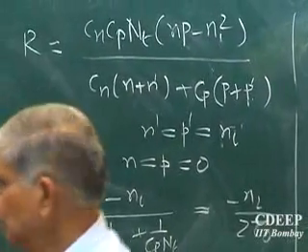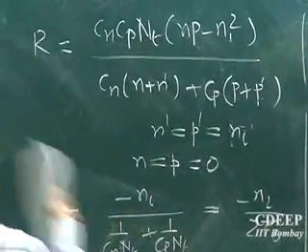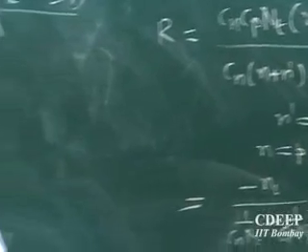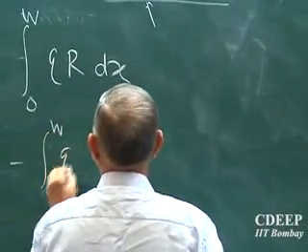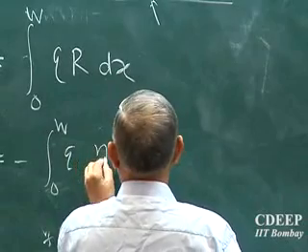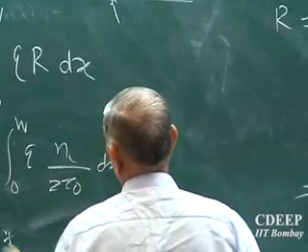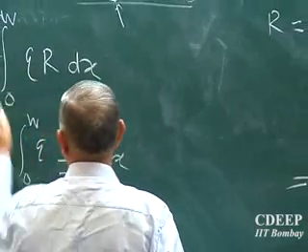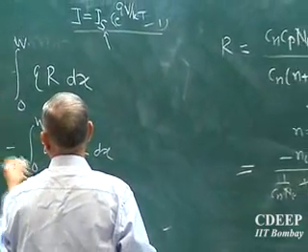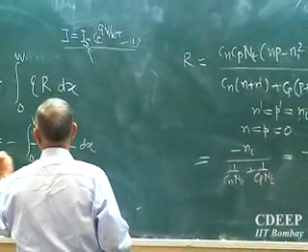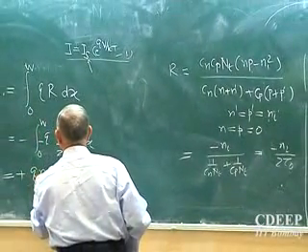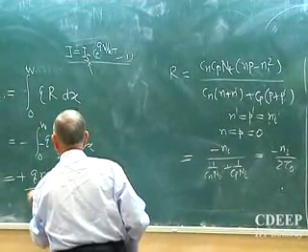The generation term. So if I substitute this term here, I again get Q Ni upon 2τ0 dx, or equal to, minus of minus because generation term is minus of this. So this is plus Q Ni W by 2τ.